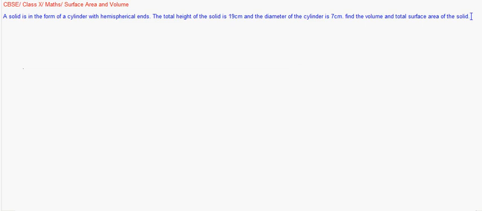Let me draw two hemispherical ends first. I need to join them so that it looks like a cylinder with two hemispherical ends.